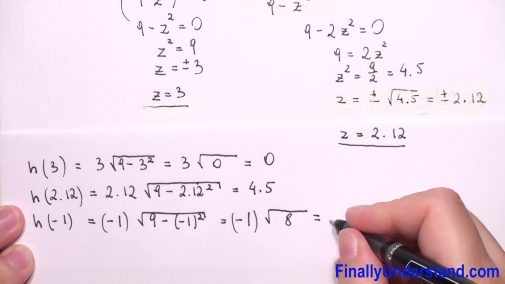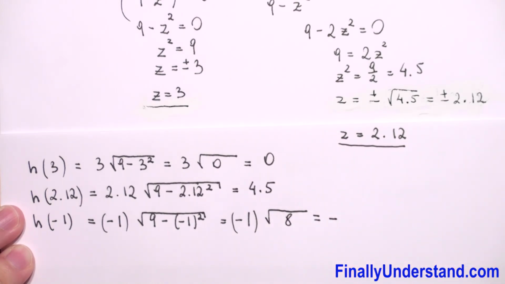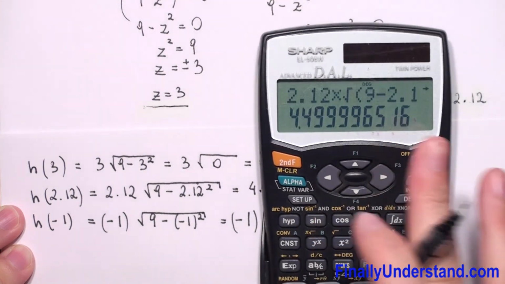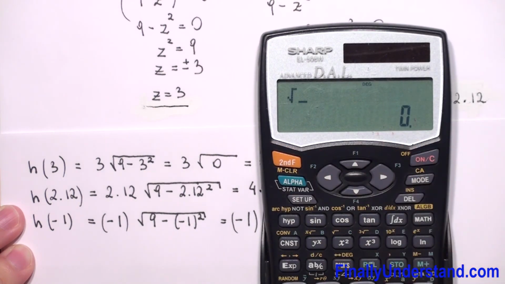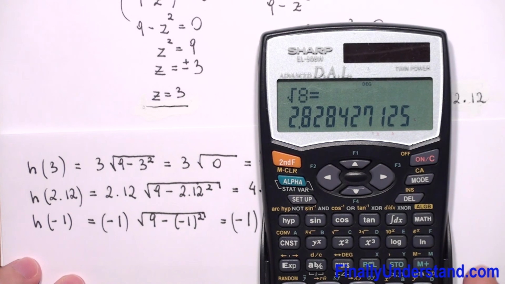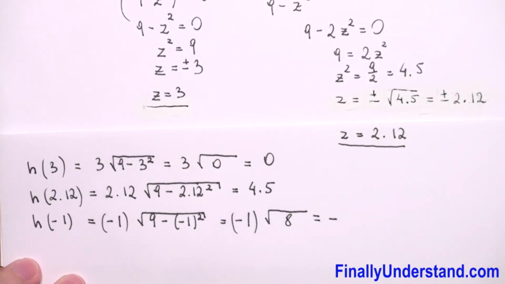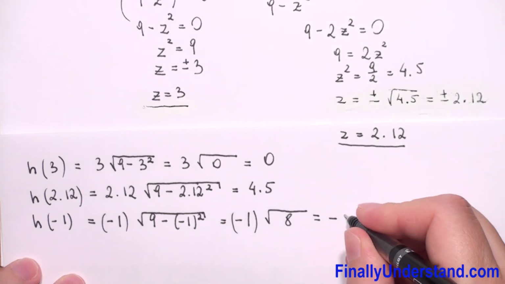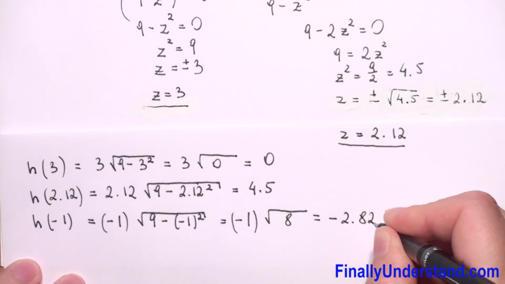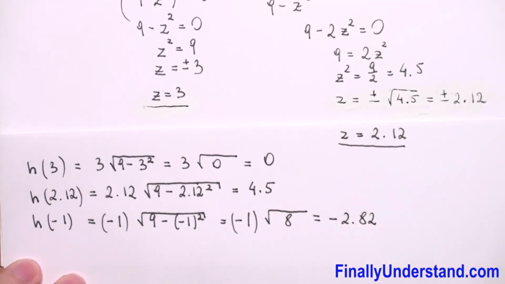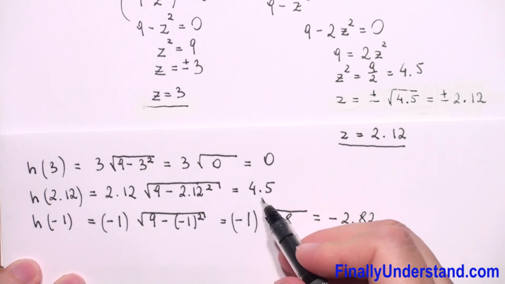So we have a negative value, and the square root of 8 is approximately 2.82. So we have -2.82. Now we have to choose the largest value, which is 4.5.